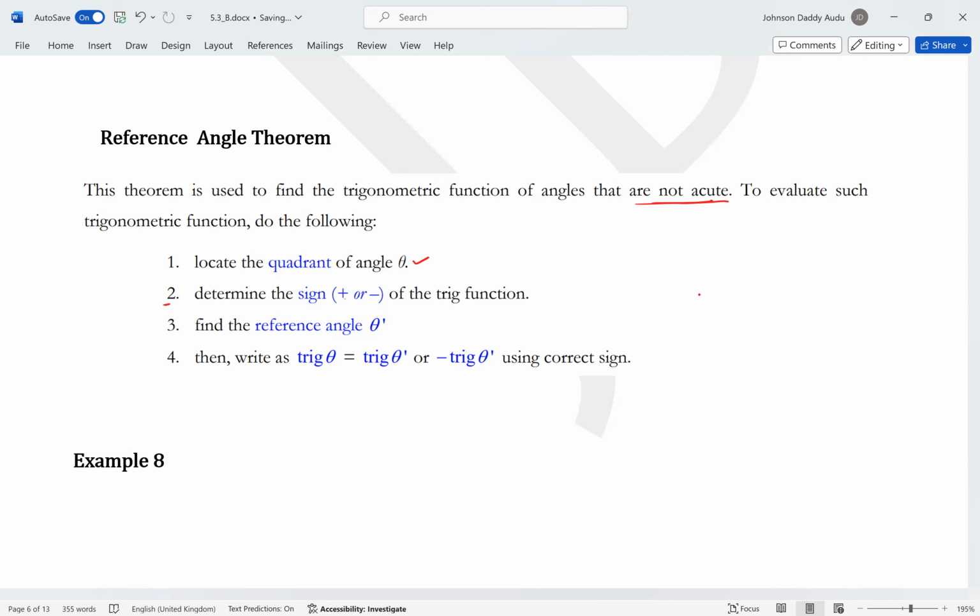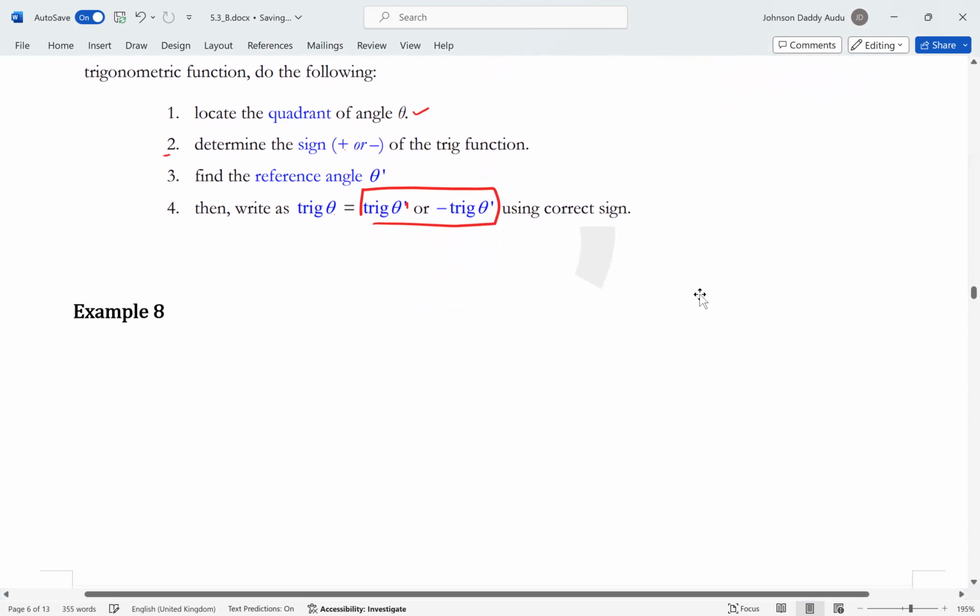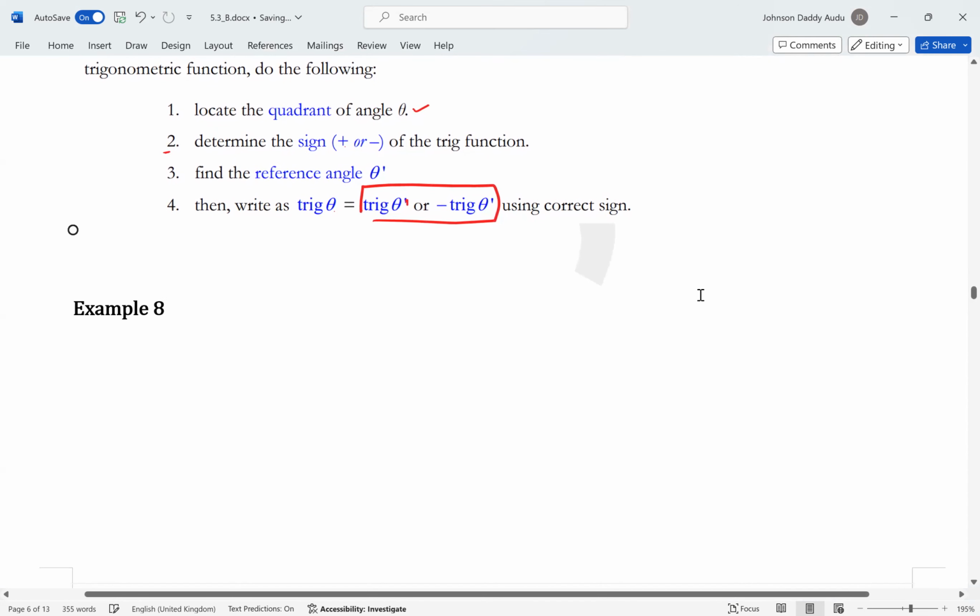Number 3 is that you find the reference angle, because if we know the quadrant, we can find it. Then we use this relationship: the trig of theta you're looking for is just going to be the trig of your reference angle, either plus or minus, depending on the sign of the function in the quadrant. Okay, so I will illustrate with these examples.